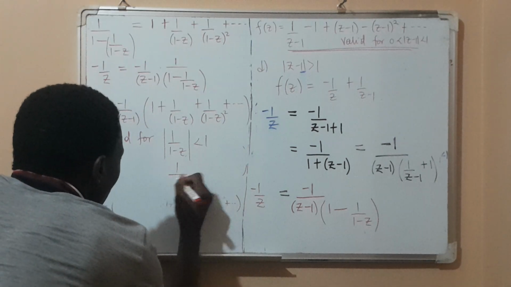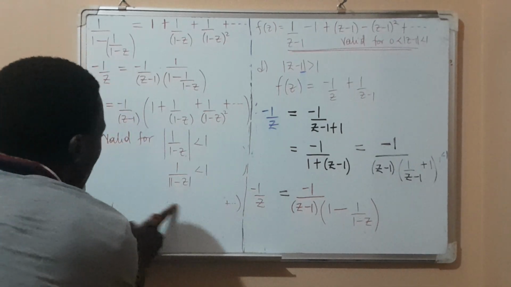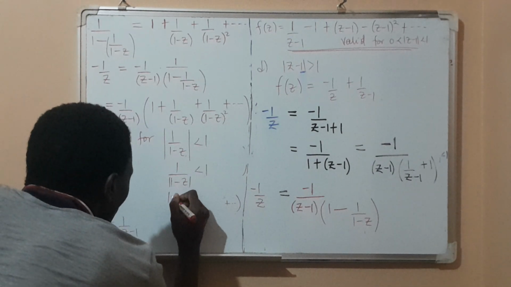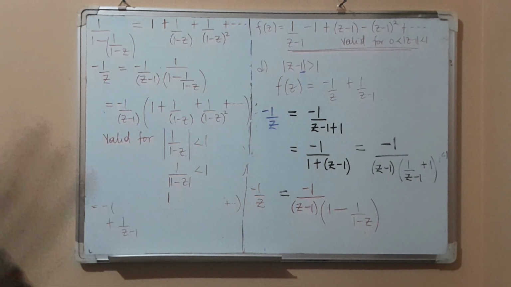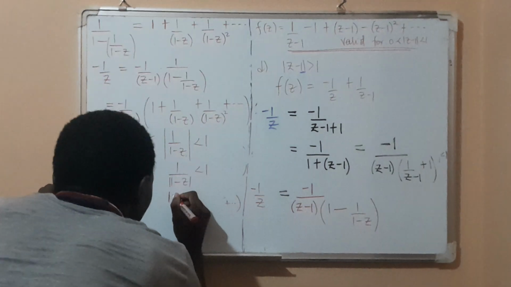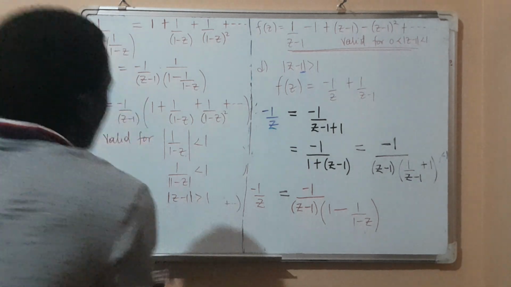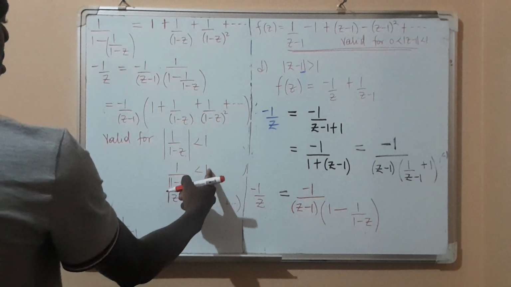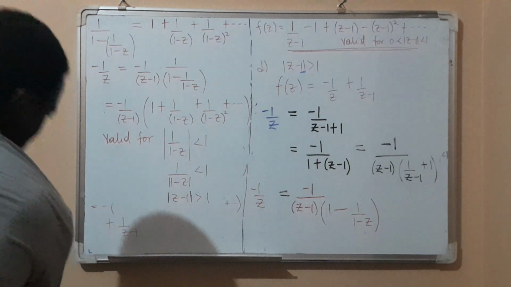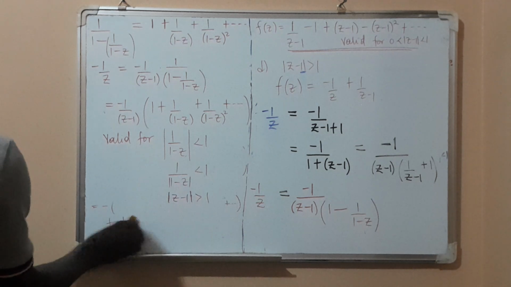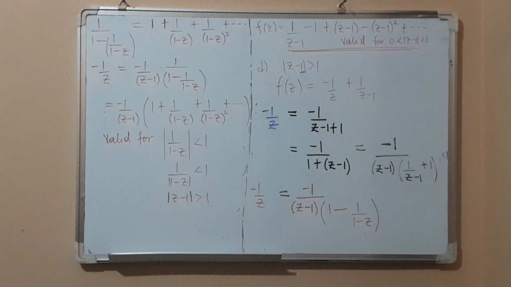So this is 1 over 1 minus z absolute less than 1, implying that 1 minus z absolute is the same as z minus 1 greater than 1. This term here, bring it here. Do some algebra, try to cross multiply. We shall get this: 1 minus z absolute is the same as z minus 1.